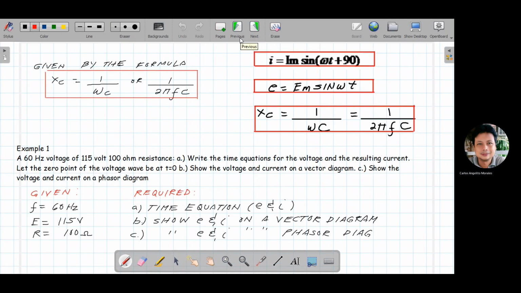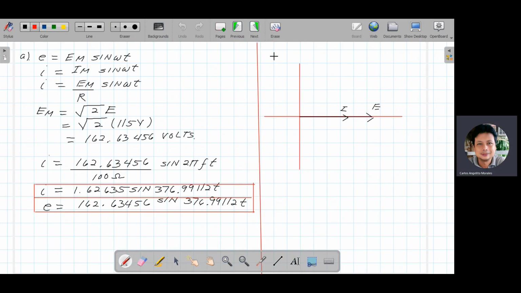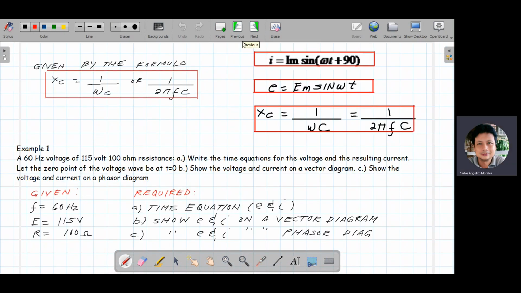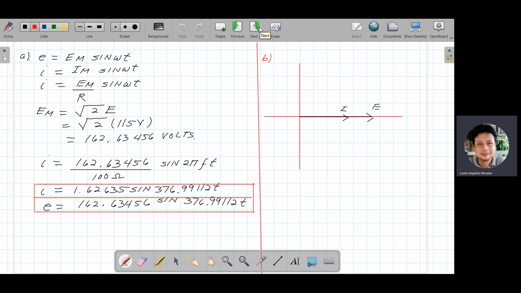Sulat. Show the voltage and current on a vector diagram. Ito yung letter B. Tapos, vector diagram. Tapos, show the voltage and current on a phasor diagram. So, phasor diagram.